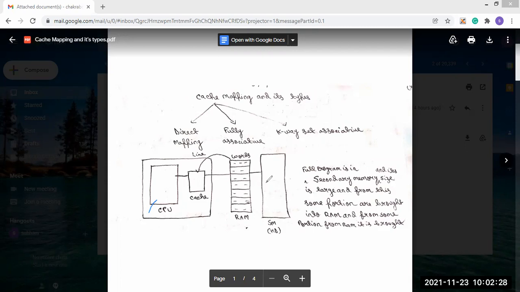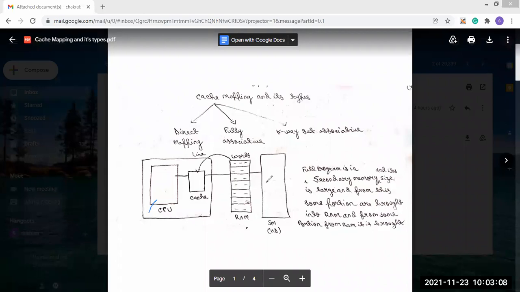The secondary memory's storing capacity is large, so that's why the full program is stored there. But the cache memory's storage is very much less, so we cannot accommodate the full program in the cache memory at a time.